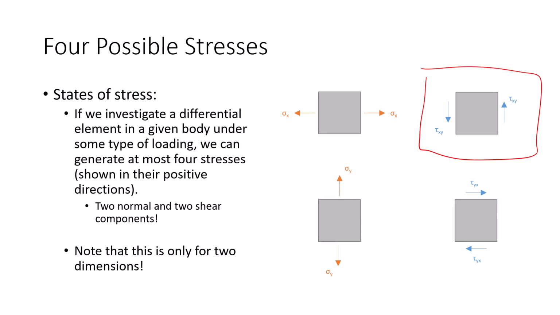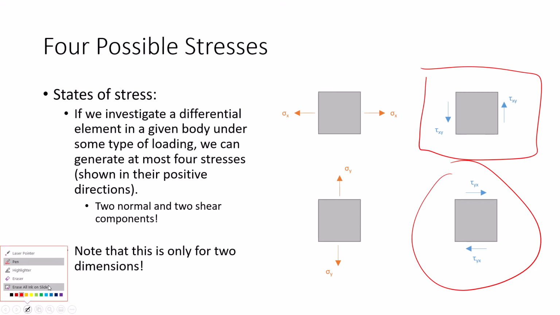They're parallel, separated by a moment arm, so they're wanting to rotate. But here's the thing. If these stresses are wanting to rotate this way, these stresses down here are wanting to rotate the other direction. And the only way that they can maintain moment equilibrium is if they're the same, right? That's a pretty trivial proof that your shear stresses are equal.